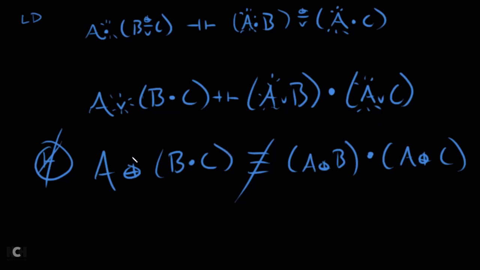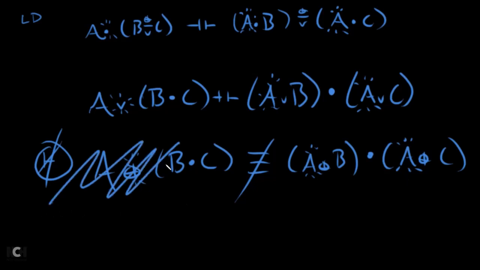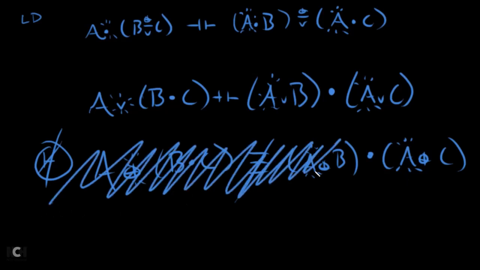You cannot distribute an exclusive disjunction, and you cannot factor out an exclusive disjunct. Does not work. So this, don't do it. Don't even look at it. That's a situational fallacy. So these are the versions in play. Either one of them is fine.